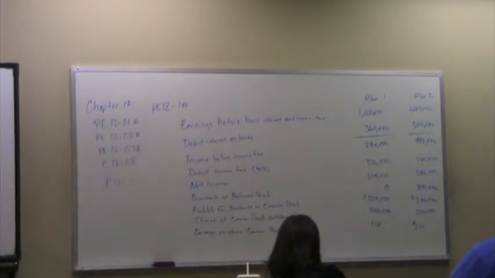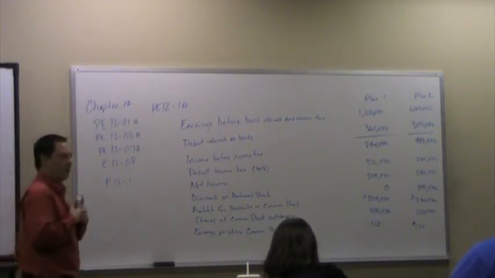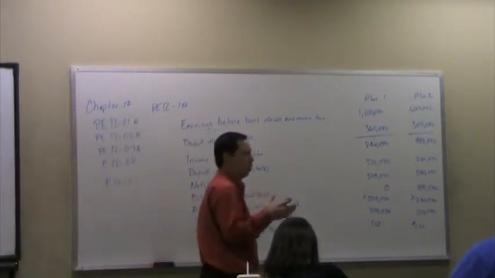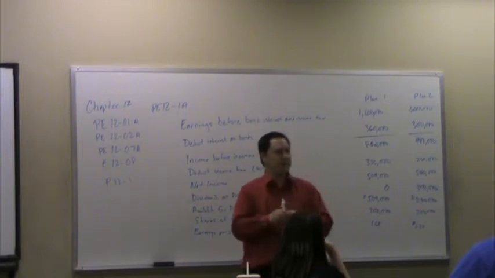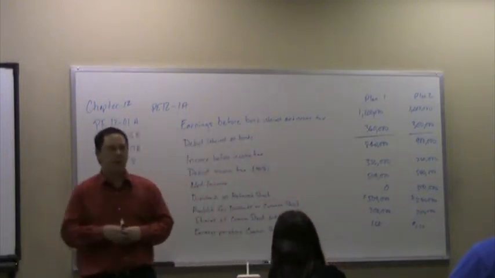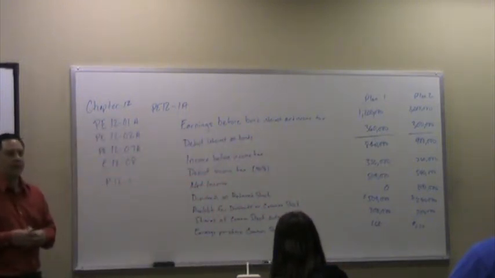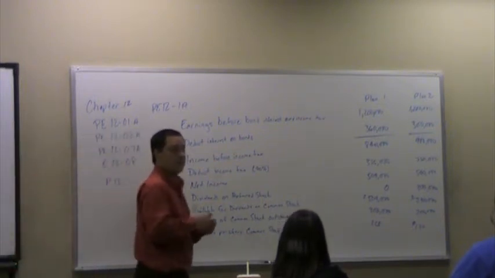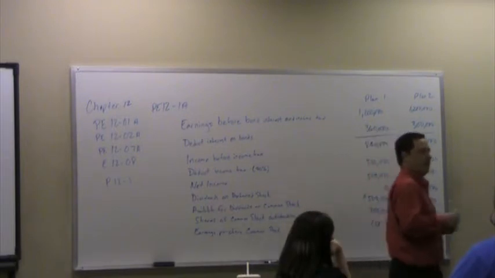Because if I'm the company here, I'm Google, and I decide to offer a 5% bond, but the market rate is 6, who's going to buy that? If everybody's getting 6% on all their bonds, who's going to buy mine at 5? Probably not very many people. So I have to then discount it to entice them to purchase my bond.